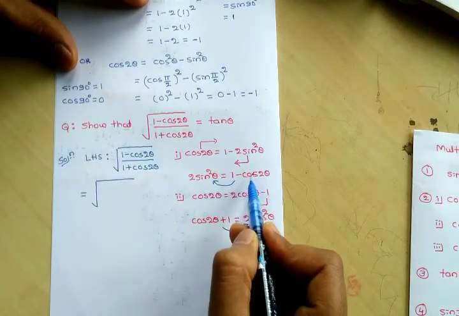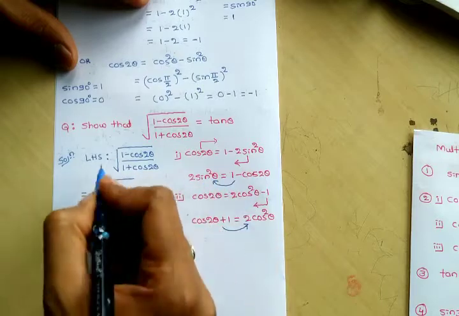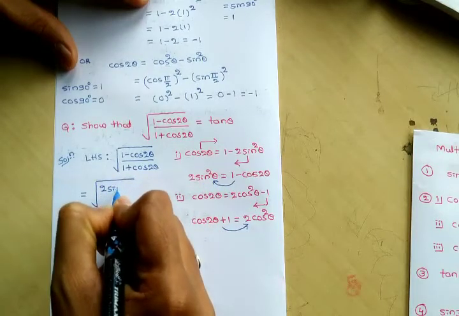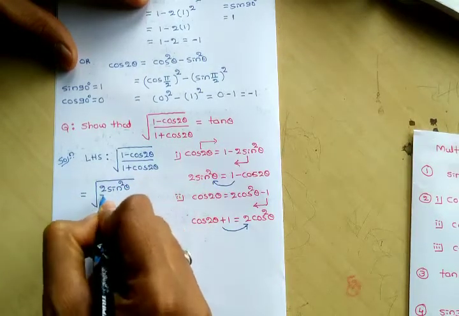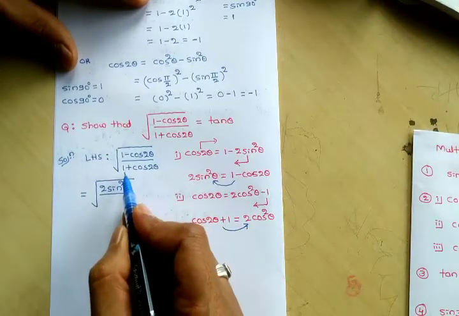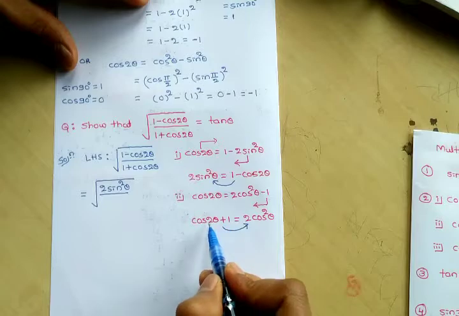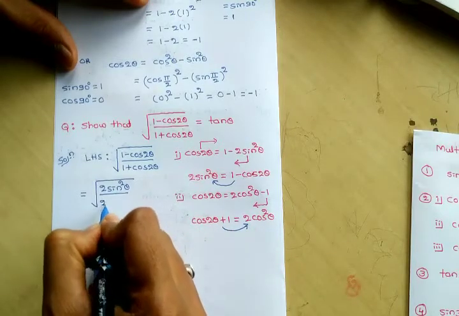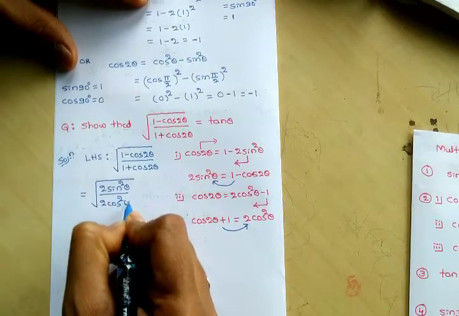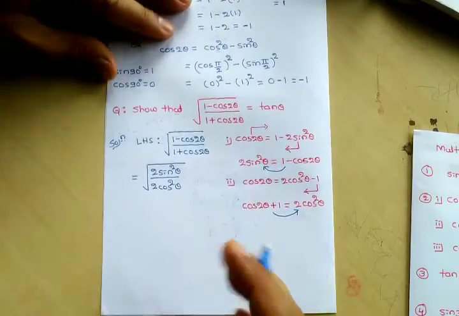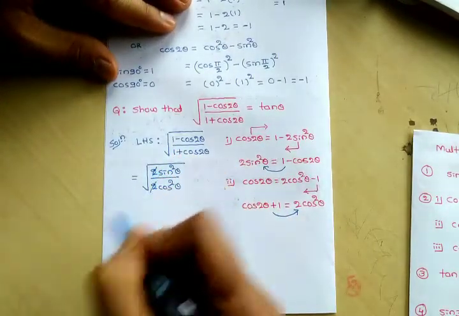You know 1 minus cos 2 theta is nothing but what? 2 into what here? Sin square theta divided by, denominator you can see 1 plus cos 2 theta is there. 1 plus cos 2 theta is nothing but what? 2 into what? Cos square theta. Correct? So next, here you can cancel 2 and 2.